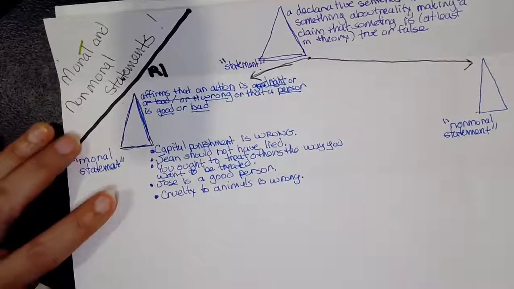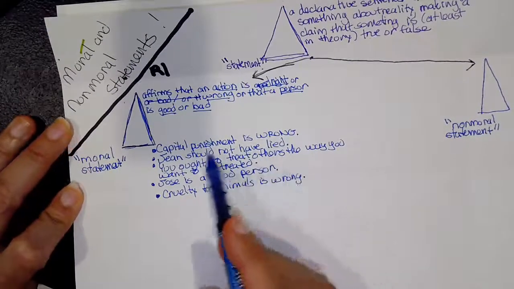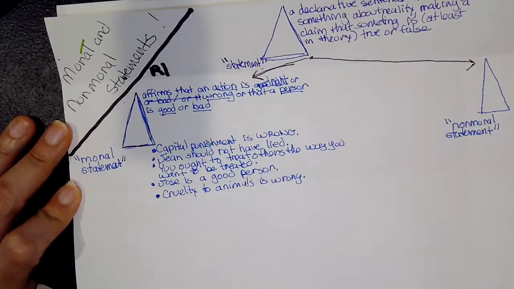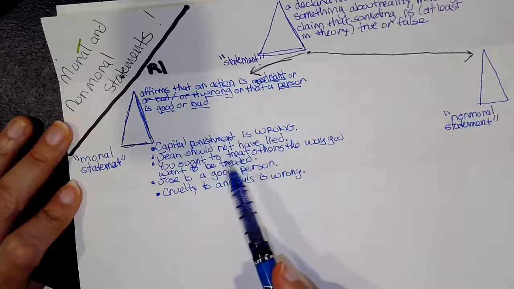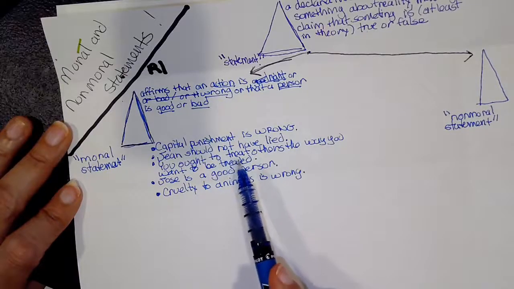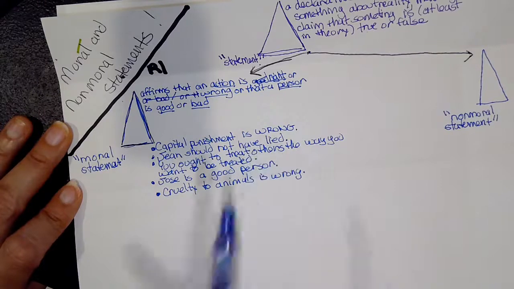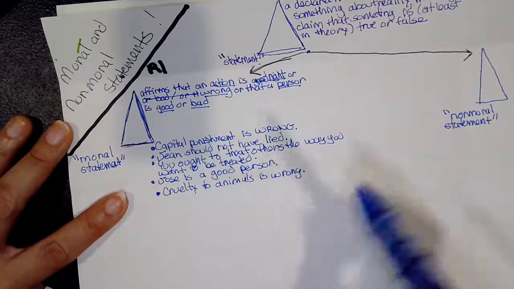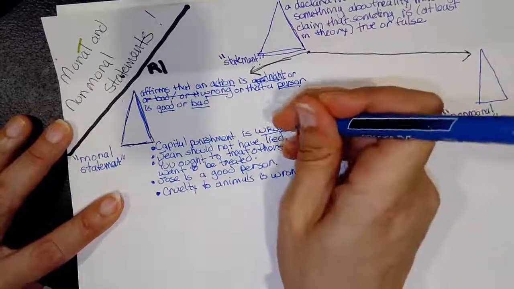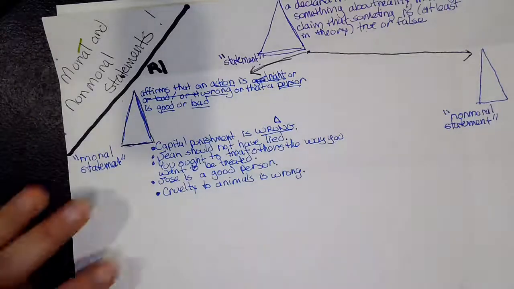One thing I want to call your attention to is how we can decide whether a statement is affirming that an action is right or wrong or good or bad. One way is to look for words that indicate that a moral value is being assigned to an action or a person. Here, the action is capital punishment, and we see that the word naming the fundamental and powerful moral concept is wrong.